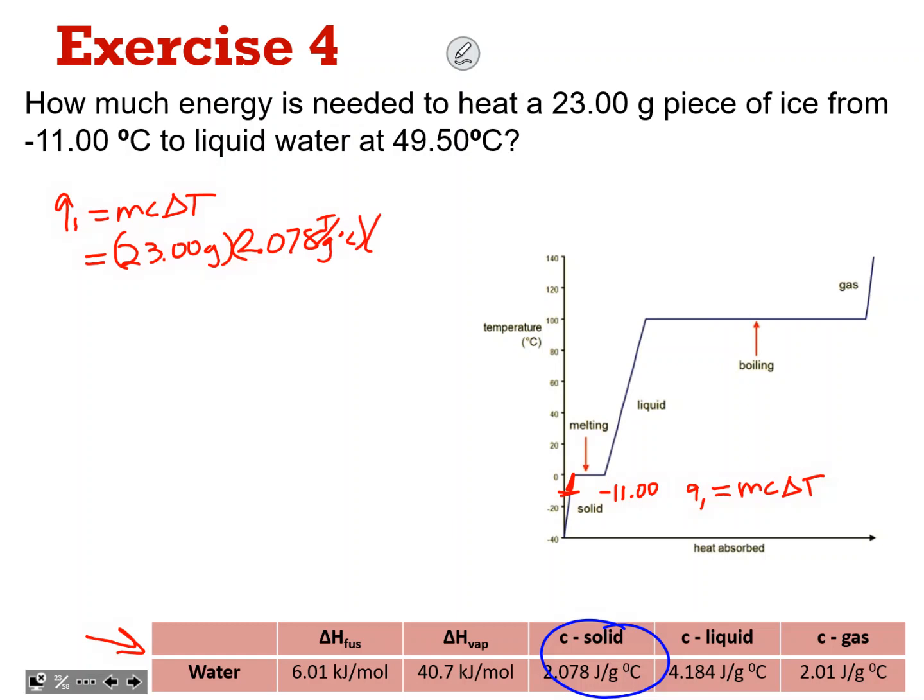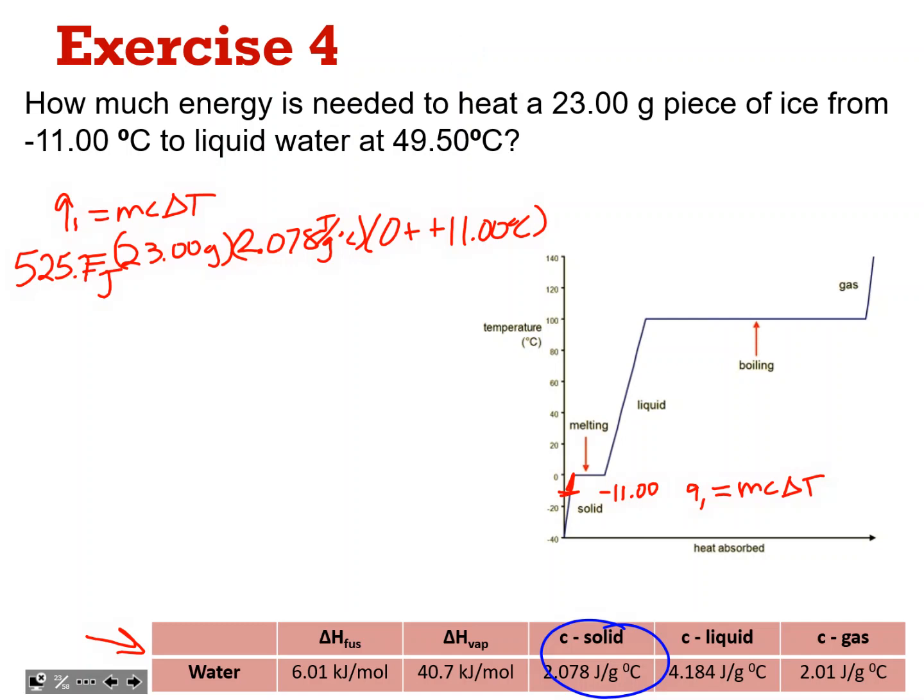And then you also have to watch your temperature change. Where are we starting? Where are we going? -11, but we're going to 0 because at 0, it's going to start to melt. So, final temperature 0 minus -11. That becomes plus. Then you end up getting your joules here. I believe it's 525.7 joules, if you round it correctly, for that particular one.